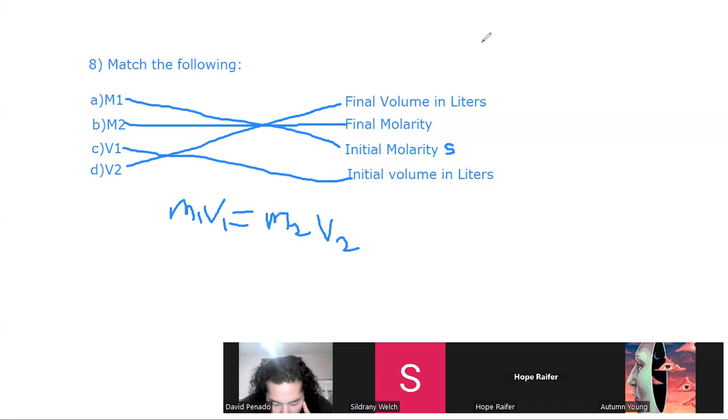All right, so let's do number 7 because I didn't realize I skipped it. What is the formula for stoichiometry? So it's moles given times moles desired divided by the ratio of moles given.